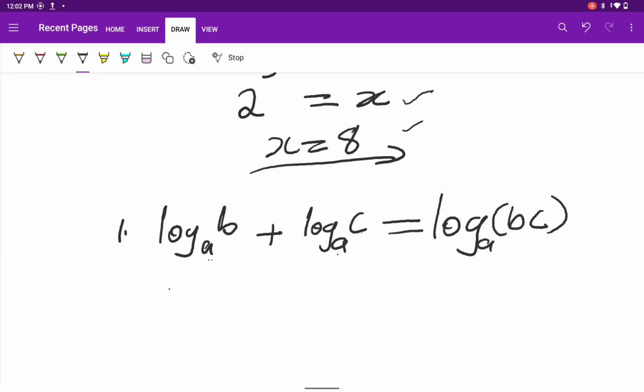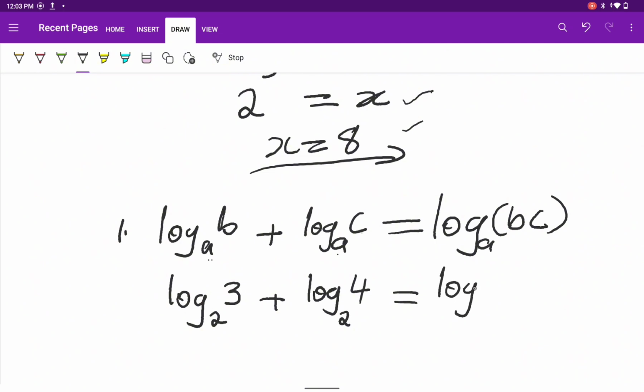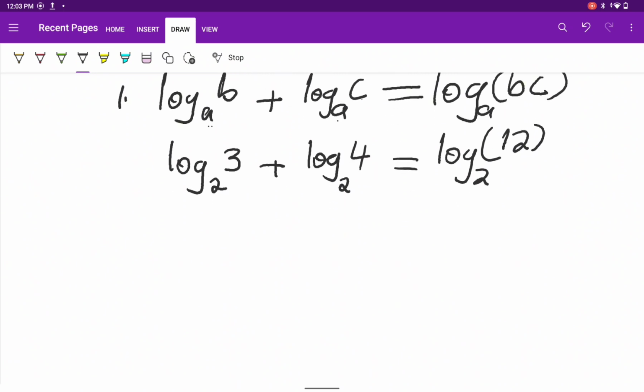For example, if we have log of, let's say, 3 base 2 plus log of 4 base 2, this will be the log of 3 times 4, which is 12 base 2. Right, so these are just some laws I want us to look at.